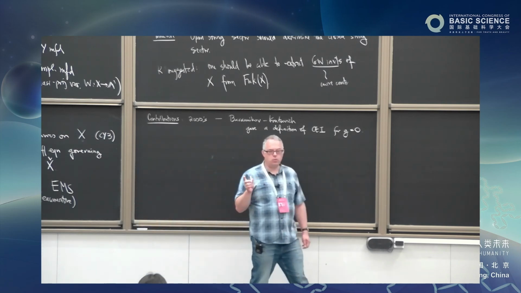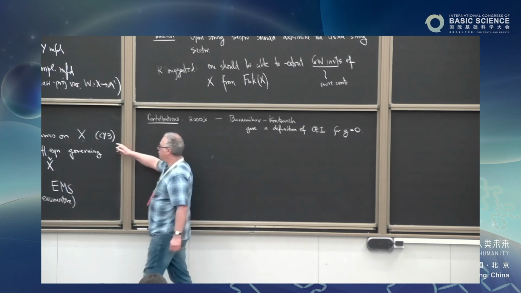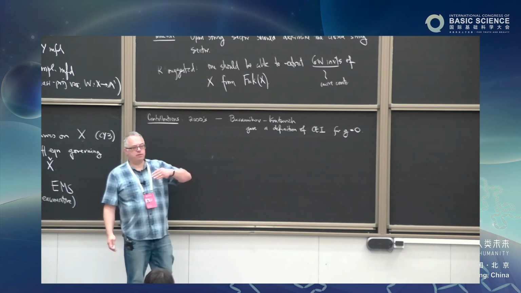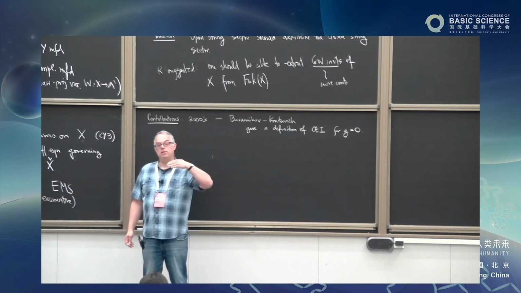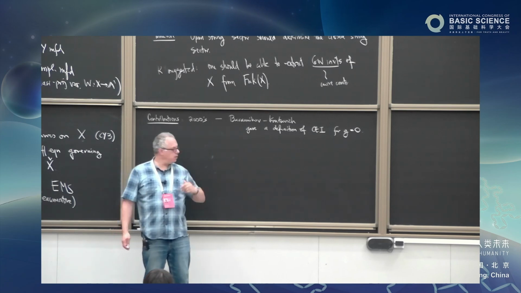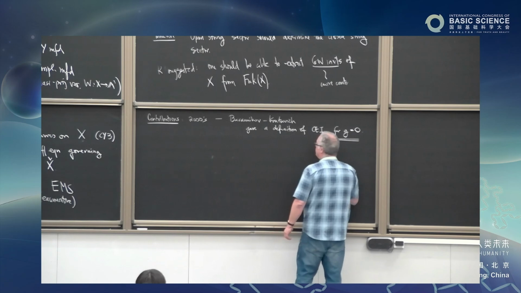It's not just one number. For every Calabi-Yau threefold, for example, you can count how many genus 0 curves there are of degree 0, of degree 1, like straight lines. Then you can ask how many quadrics there are, how many cubics there are, and so on. And those are very interesting numbers. So this is a lot of information and great progress.